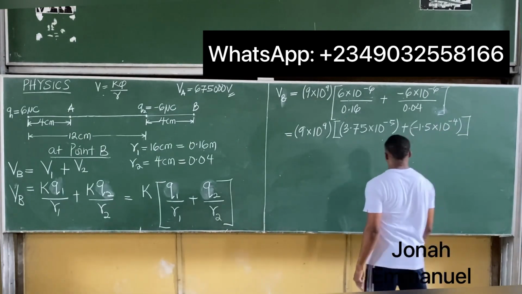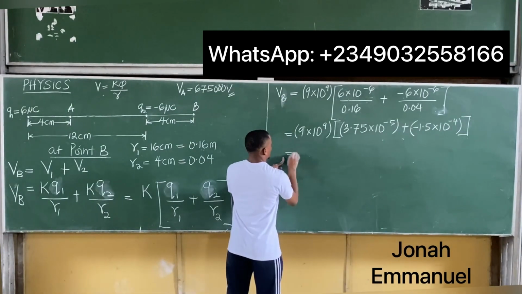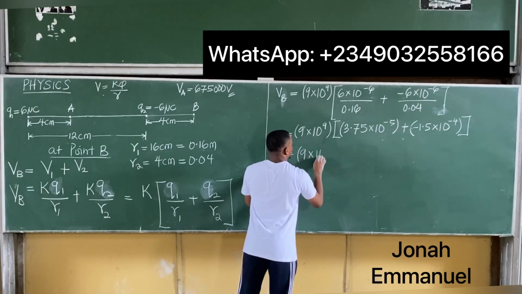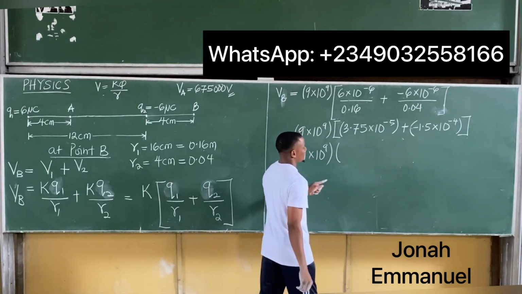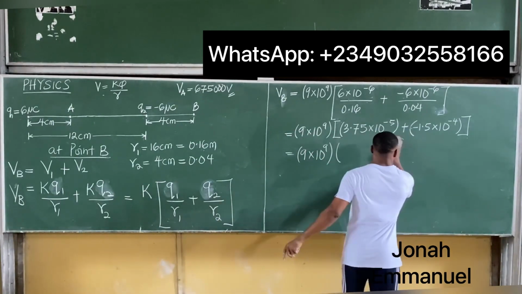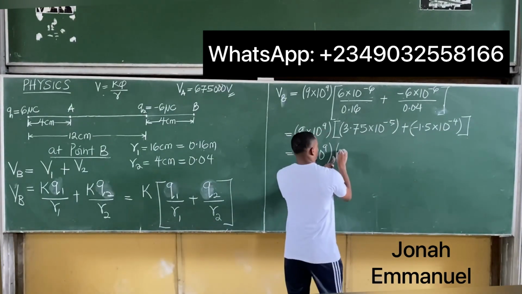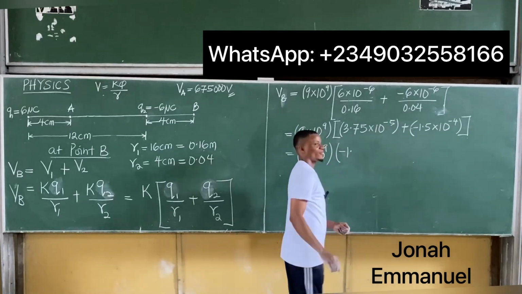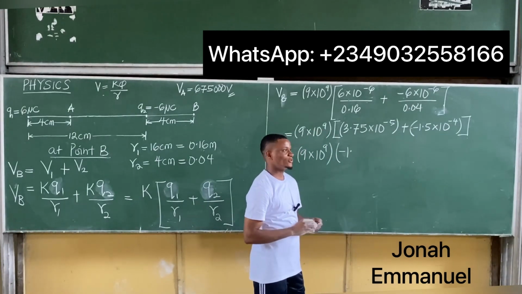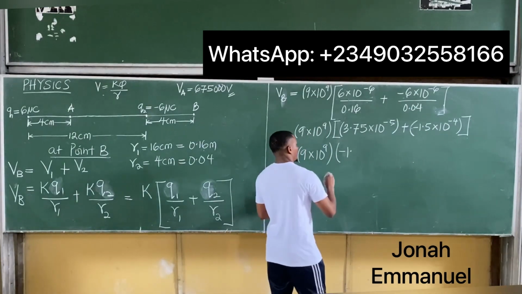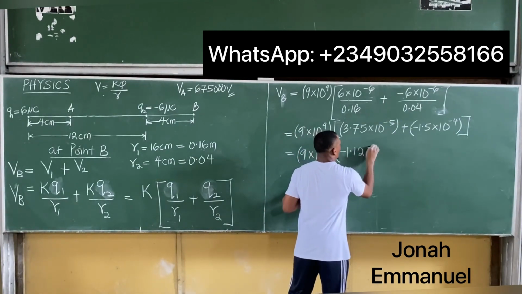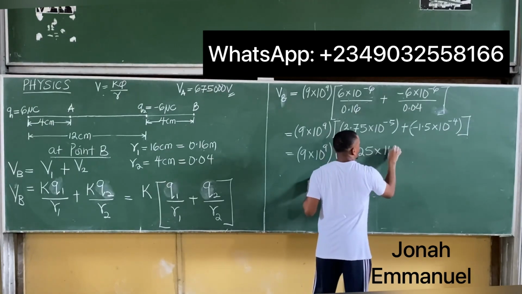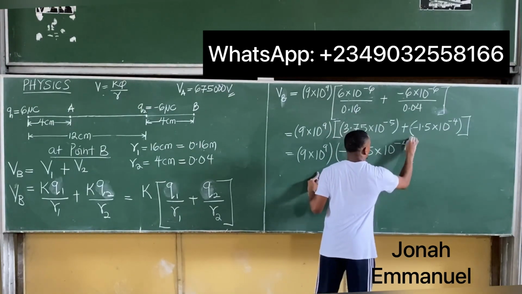So I have this. All right, so that's equal to 9 times 10 to the power 9 into, possibly give me all of this, please. What do you have? Minus 1 point something times 10 to the power minus 4.